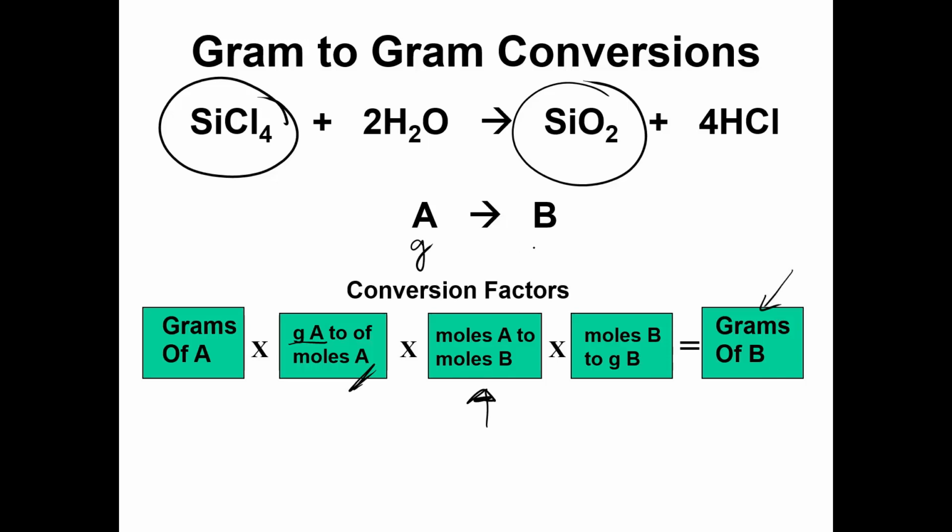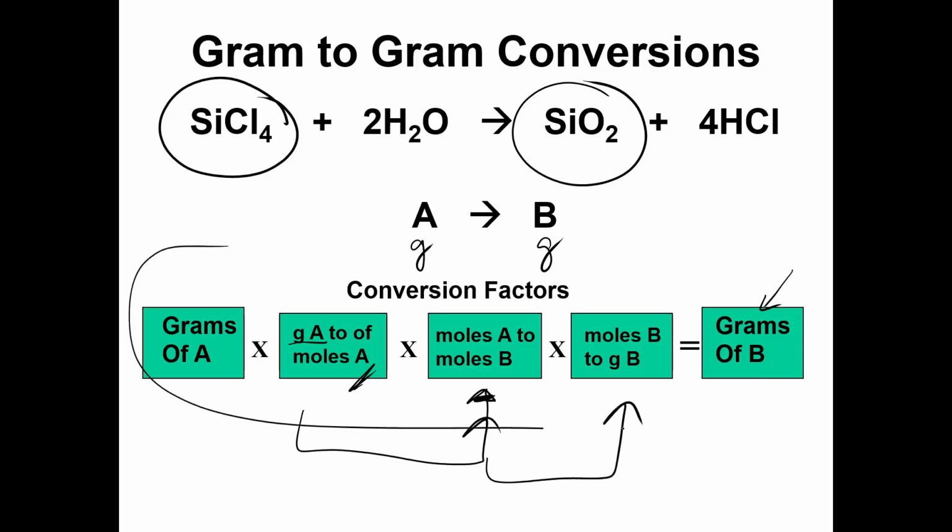So grams of A to grams of B is going to be a 3-step conversion. Moles to moles is a 1-step conversion. You can have grams to moles, which is a 2-step conversion, or moles to grams, which is also a 2-step conversion. So in a way, you can use this scheme for all conversions.